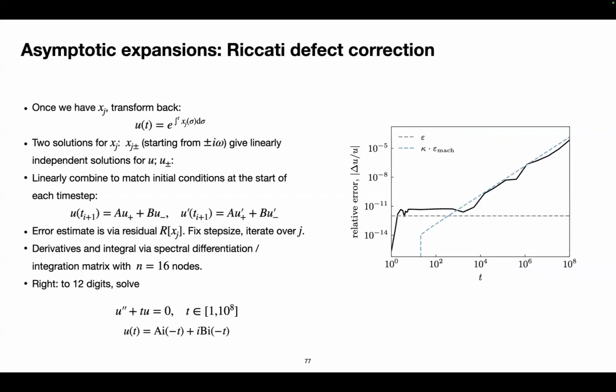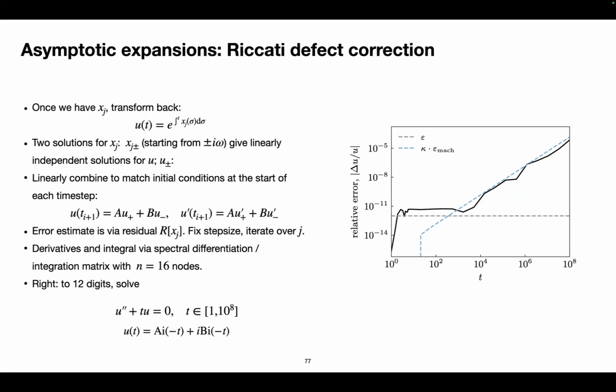And then another important plot is how well it does. How well does it preserve the error? For this plot, I'm plotting the relative error as a function of time as I'm solving this equation. And I set a tolerance of 10 to the minus 12, that I'm plotting in the gray dashed line. And you see that the method keeps its error at around 10 to the minus 12, and then it starts going horribly wrong, seemingly.